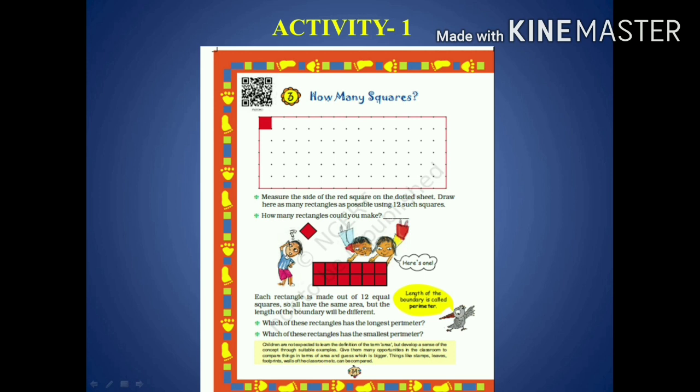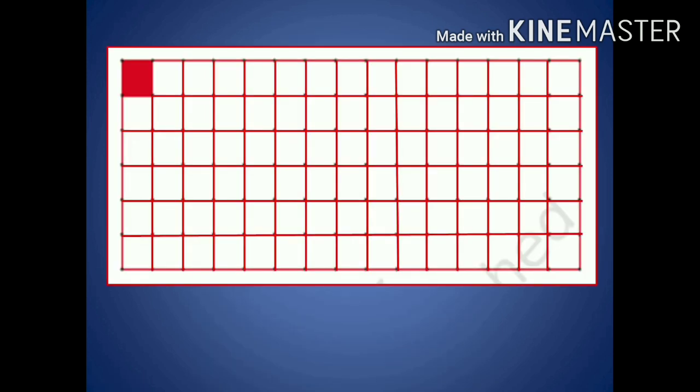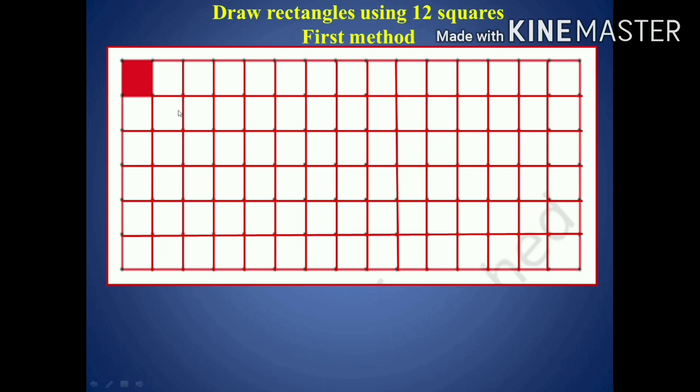First we draw rectangles using 12 squares by the first method. So let's start drawing lines. By drawing these lines, we get so many rectangles.